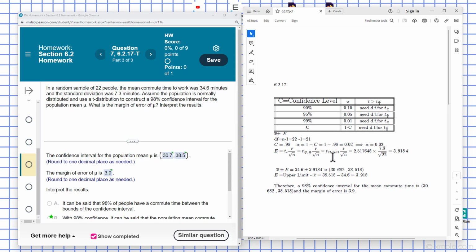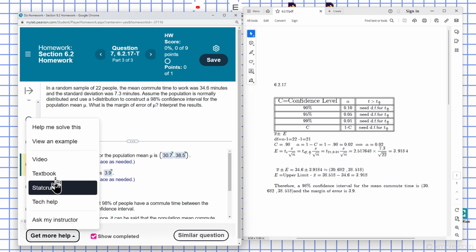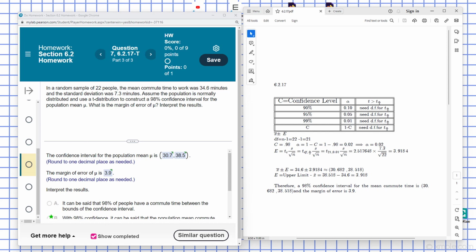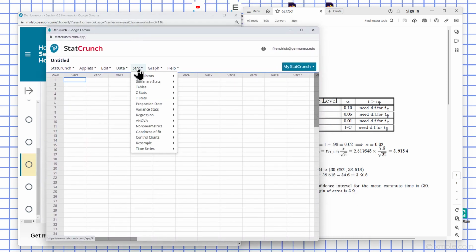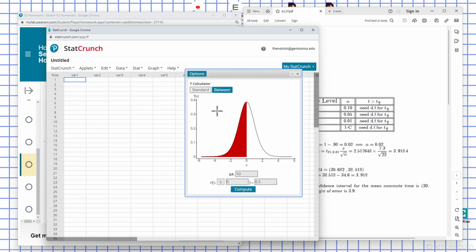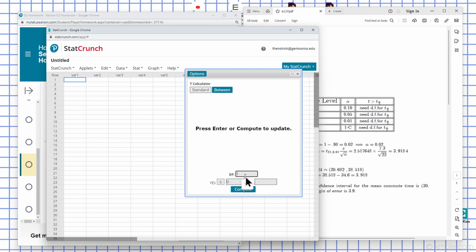So we can look that up using StatCrunch. The calculator is T, degrees of freedom is 21, and area under the curve is 0.01.